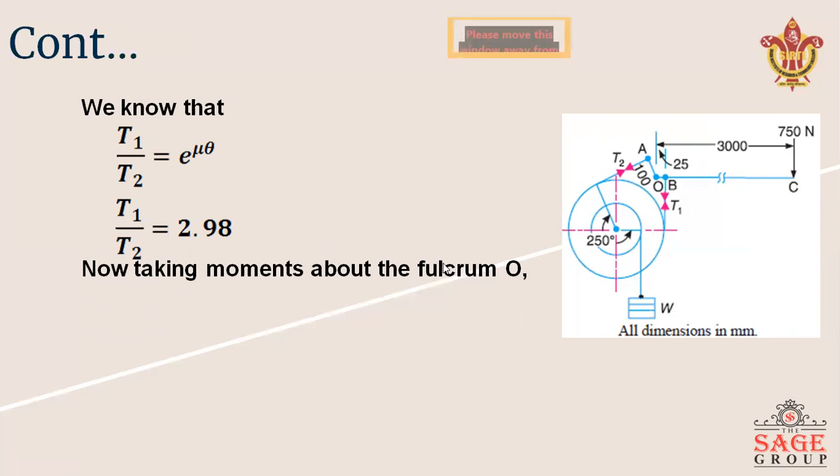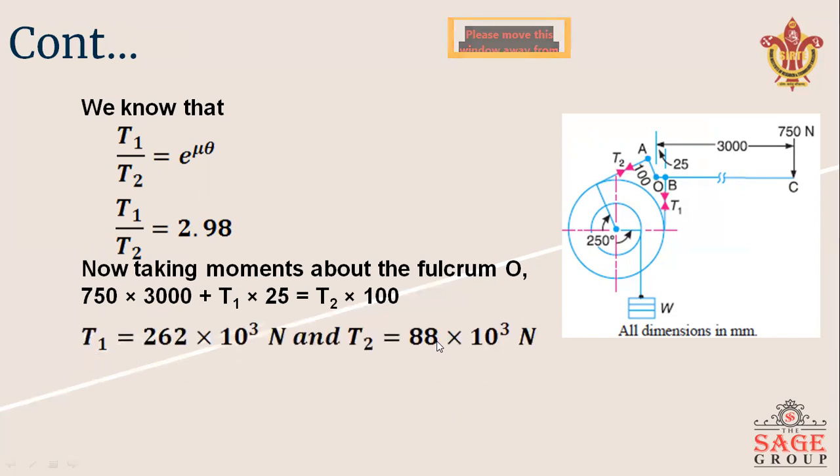Now taking moment about fulcrum O: 750 into 3000, T1 into 25, the direction of both forces being the same, and T2 in the opposite direction, T2 into 100. So this is the equation, and by this equation we will have the values of T1 and T2.